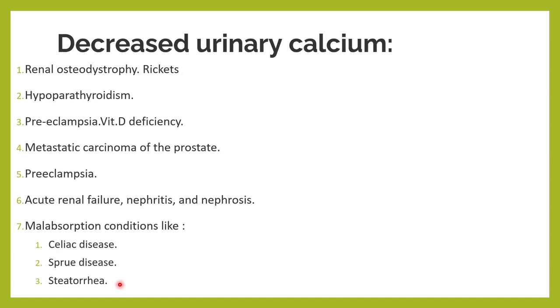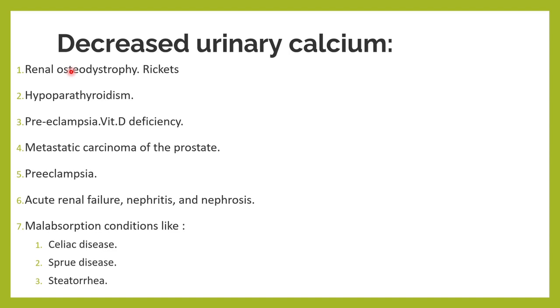Decreased urinary calcium is seen sometimes in cases of preeclampsia, vitamin D deficiency, hypoparathyroidism, or renal osteodystrophy. There is a problem with the kidney, so there is renal osteodystrophy, or there is malabsorption, such as celiac disease, steatorrhea, or sprue.